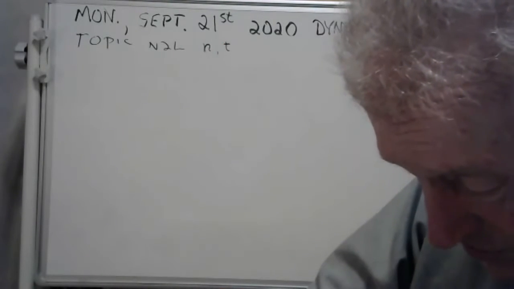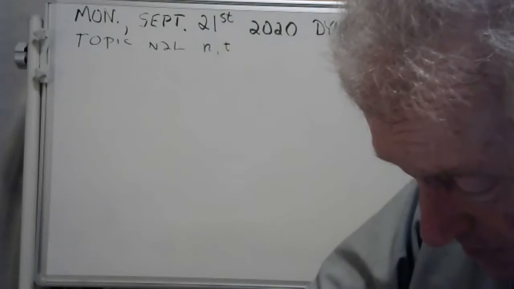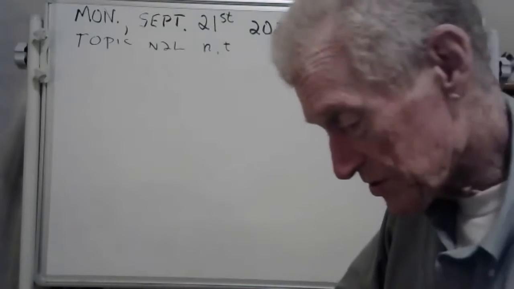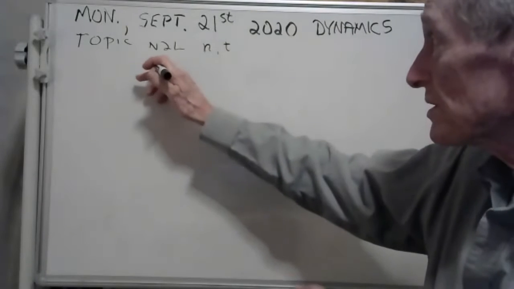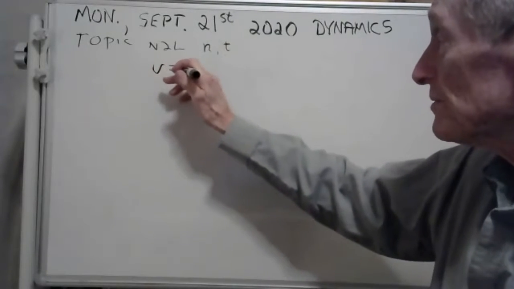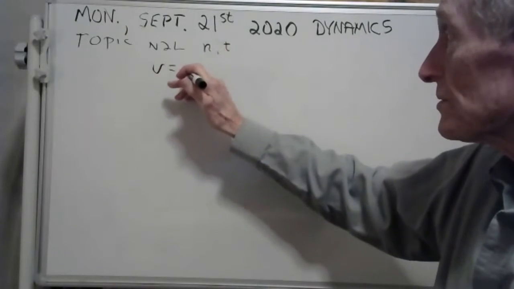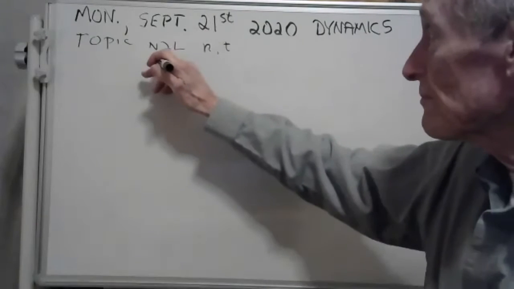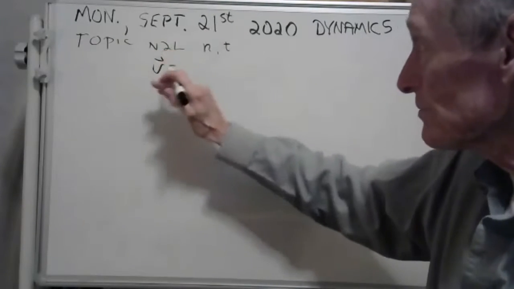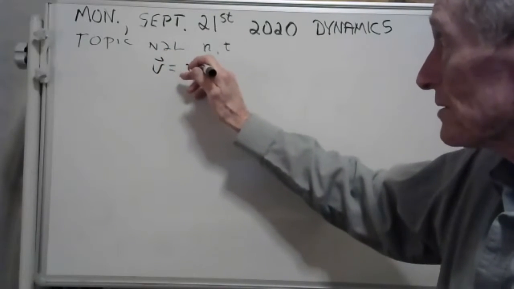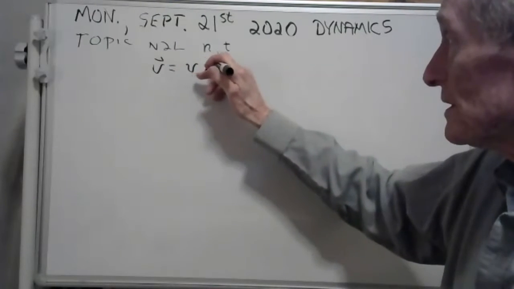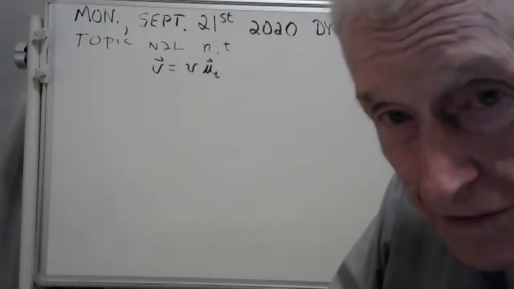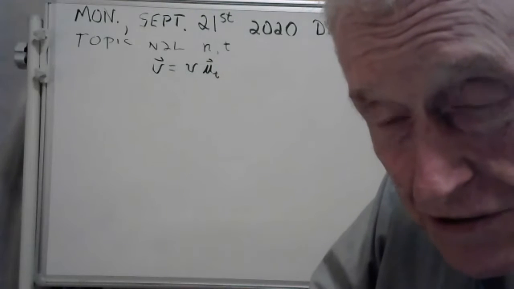Let me refresh your memories about the equations there. The way it works is the vector velocity is equal to the magnitude of your velocity times a unit vector in the tangential direction.